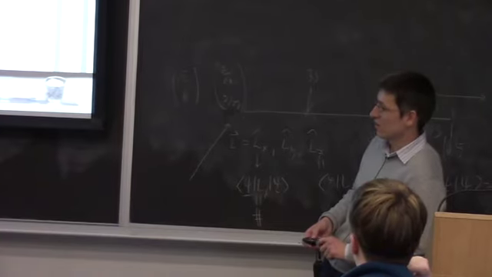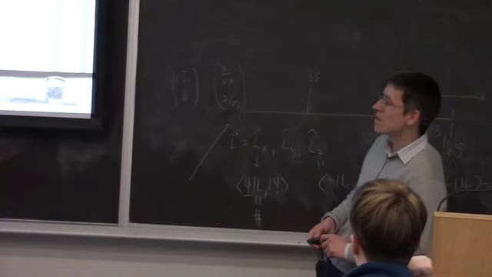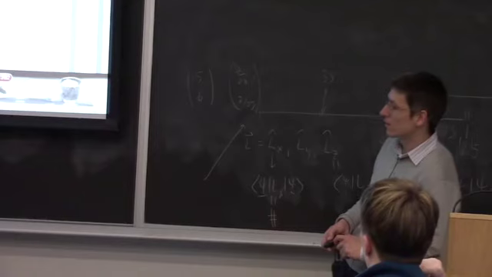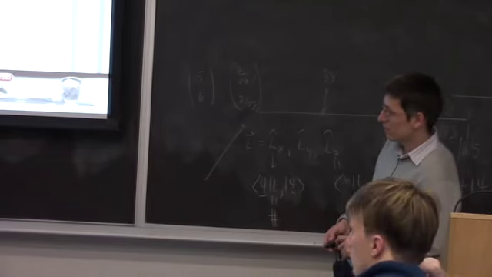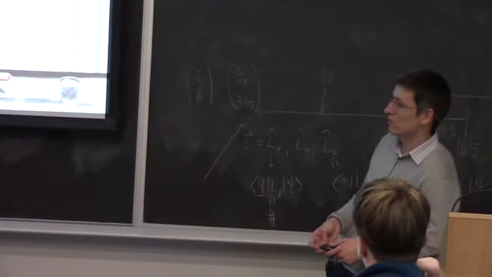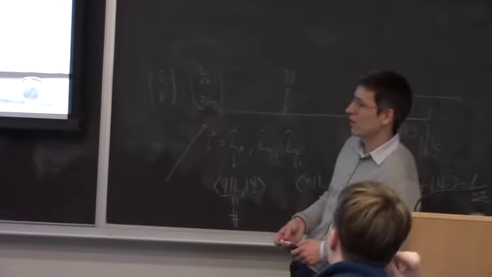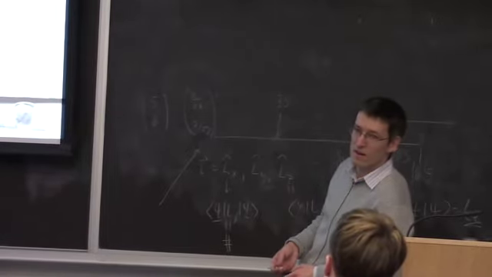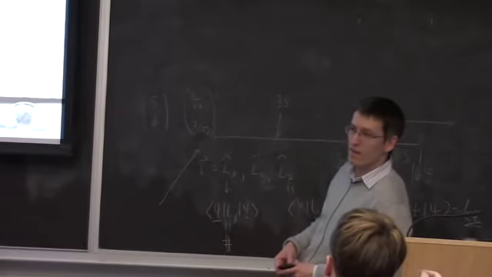Because they don't commute, they won't have the same eigenfunction, which means we can't know the x and y components with certainty.